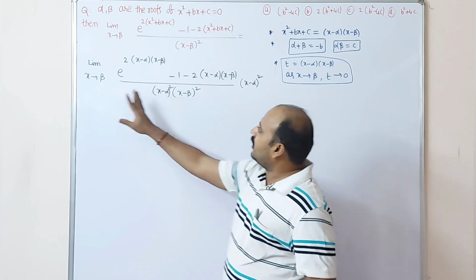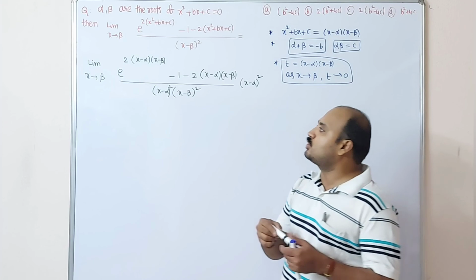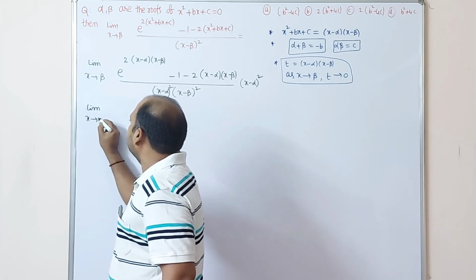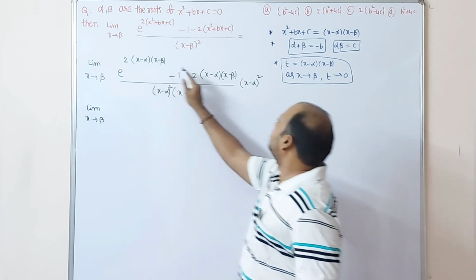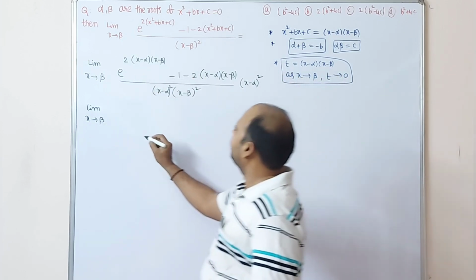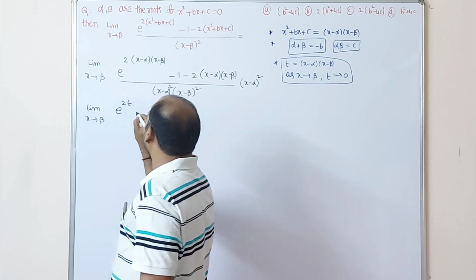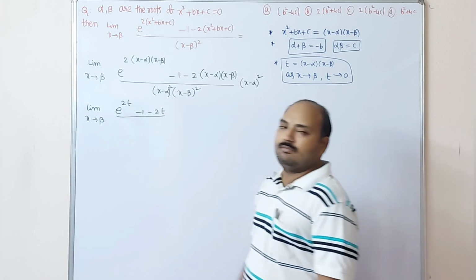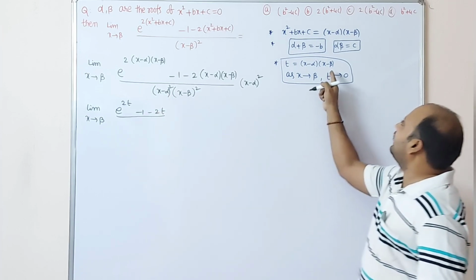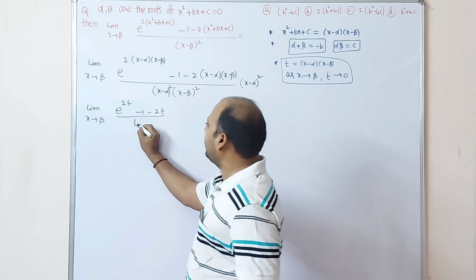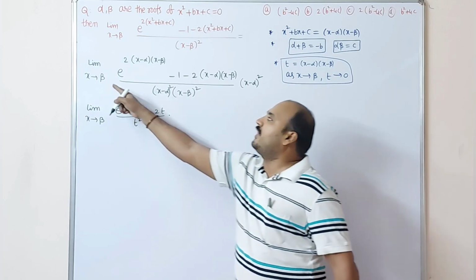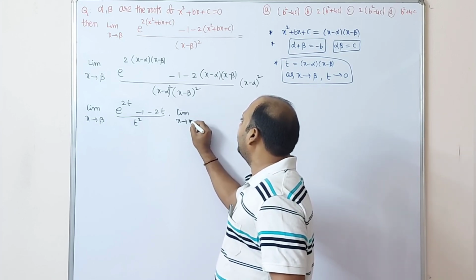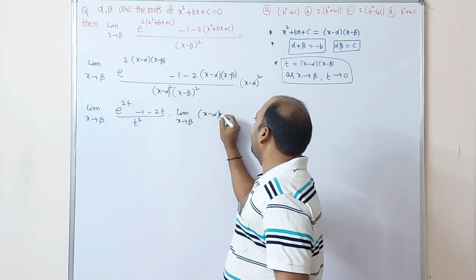So here we are going to write the product of two limits. Limit x tends to beta: wherever x minus alpha, x minus beta is there, replace with t. That gives e power 2t minus 1 minus 2t, divided by (x minus alpha)(x minus beta) whole square, which is t square, into the limit x tends to beta of (x minus alpha) whole square.